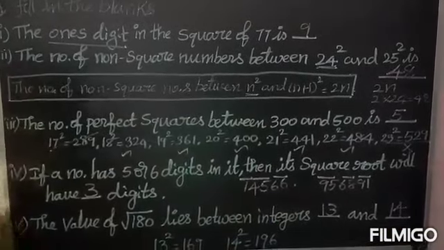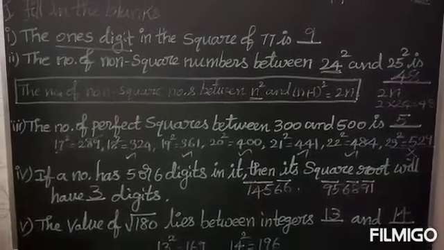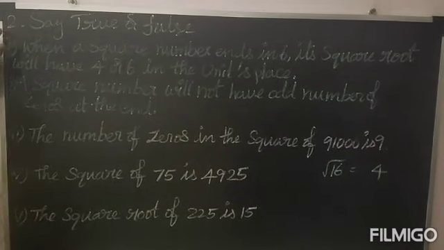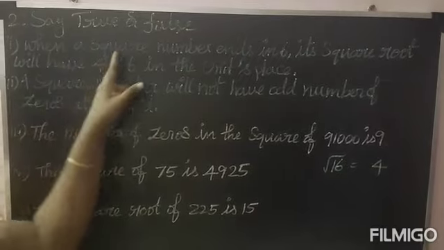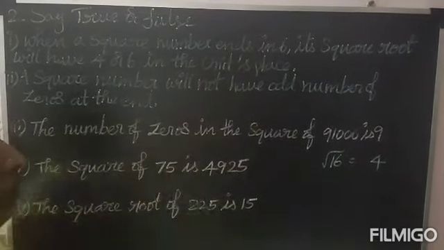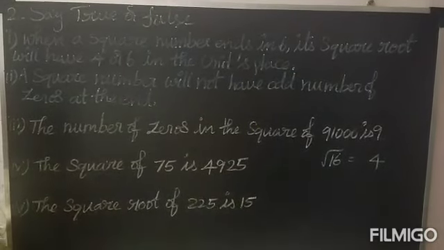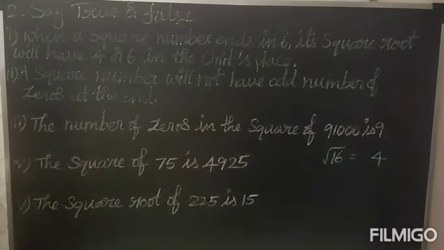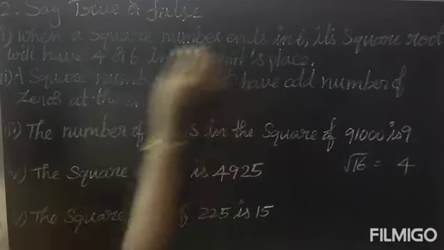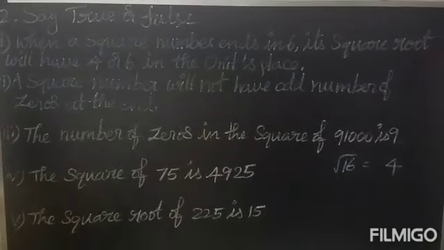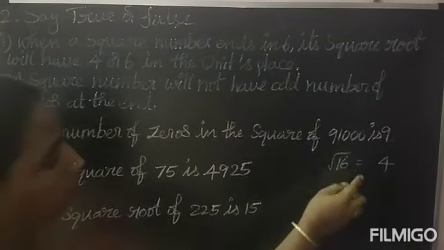Did you understand the sum? Second one, say true or false. First, when a square number ends in 6, its square root will have 4 or 6 in the unit place. Here they given a number ends in 6. In this units place, you have 4 or 6 in the square root. Suppose take square root of 16.